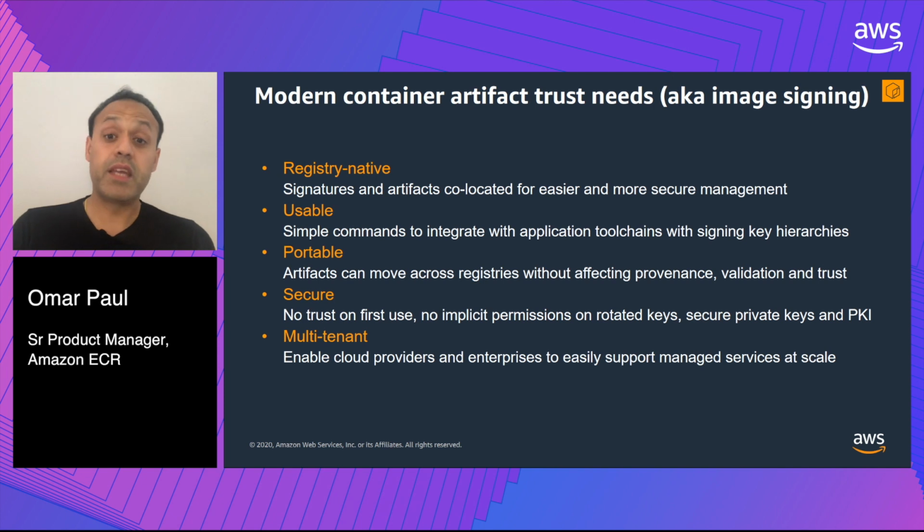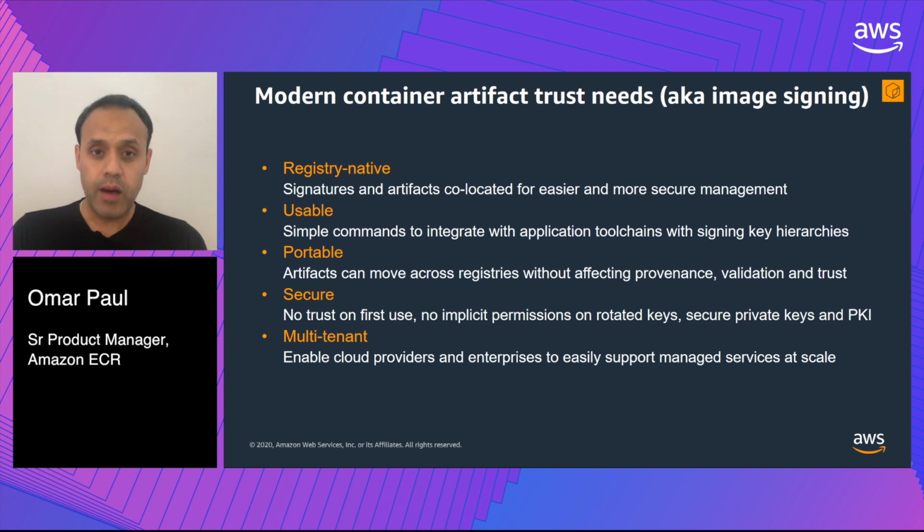Secure concepts on signatures, such as no trust on first use, secure private keys, and PKI are needed for modern artifact trust. And finally, the solution has to be multi-tenant, so that large enterprises as well as cloud providers can run this easily at scale.